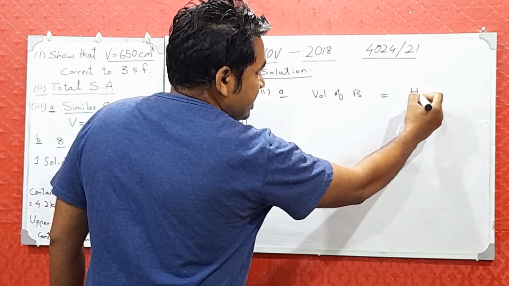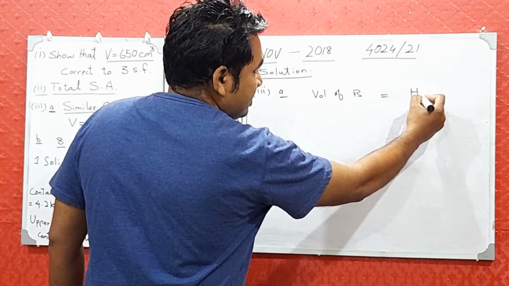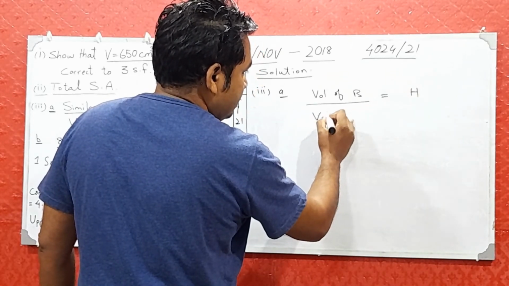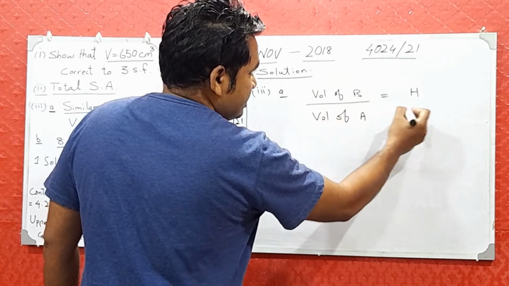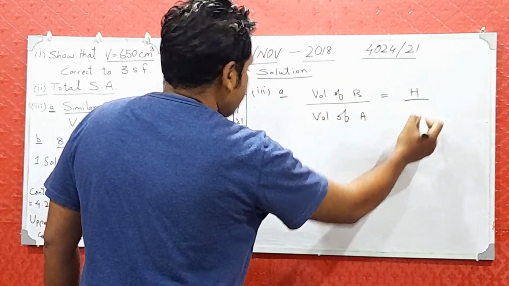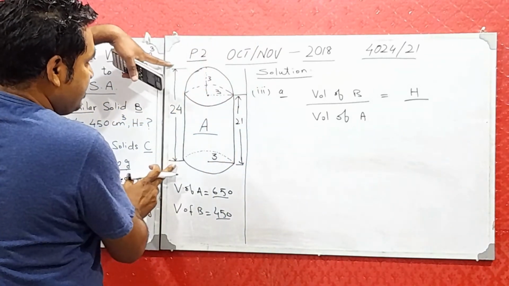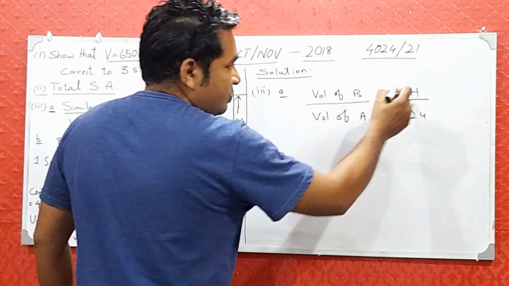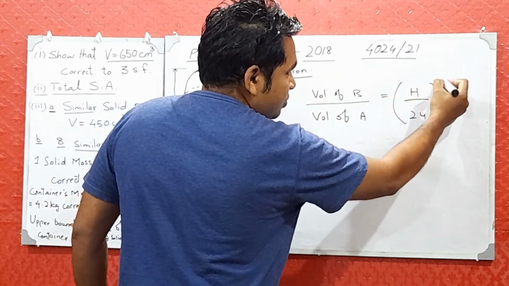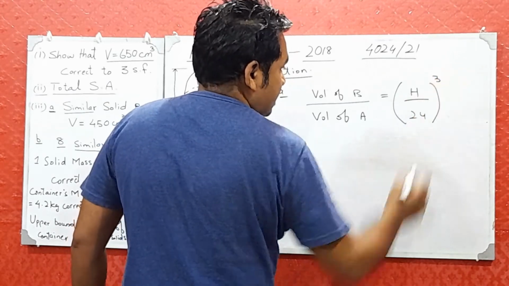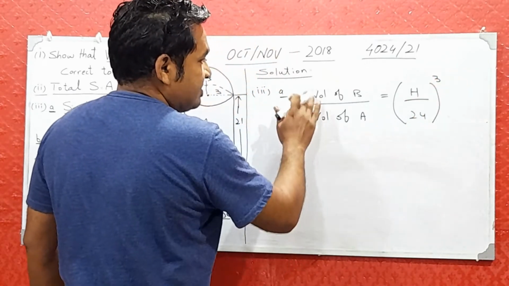over height of A. We can write h for the height of B, and the height of A is already given, that is 24. Because this is about volume, we will take the cube of this fraction. Just simplify by substituting the values.